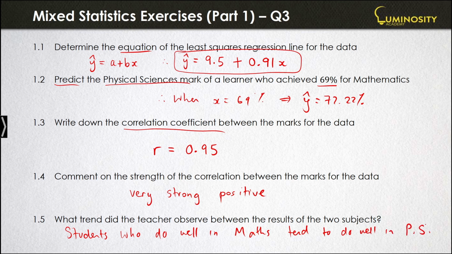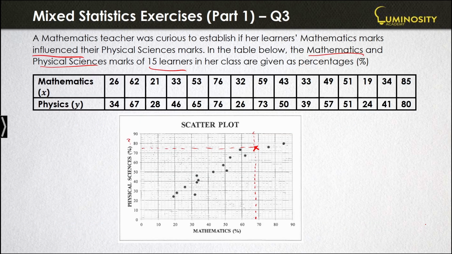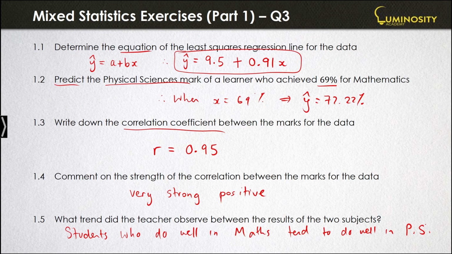Right, so some explanation along those lines. You could also argue the contrapositive, which means that if you don't do well in maths, then you don't do well in physics. As long as you note that sort of relationship between them in some sort of sentence structure, then that is acceptable. All right, so that has been using the scatter plot here, using the table for our least squares regression line and for estimation here. Awesome. I'll see you in the next one.